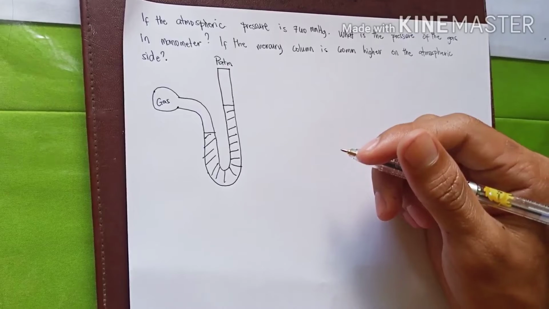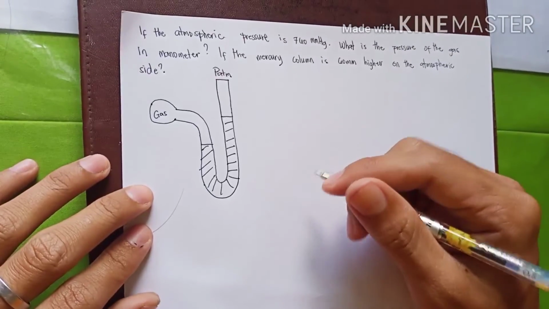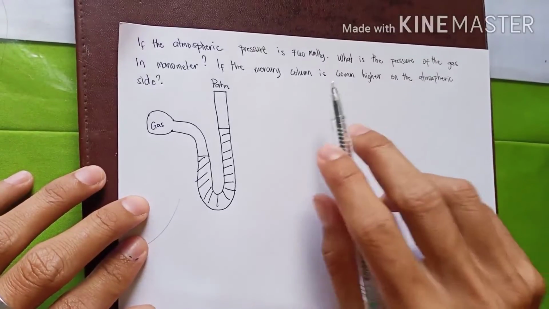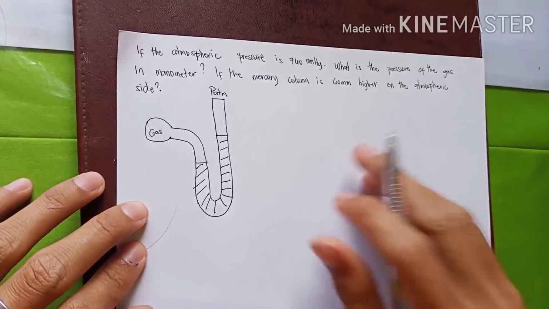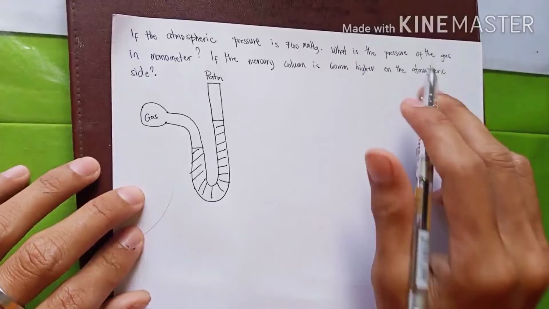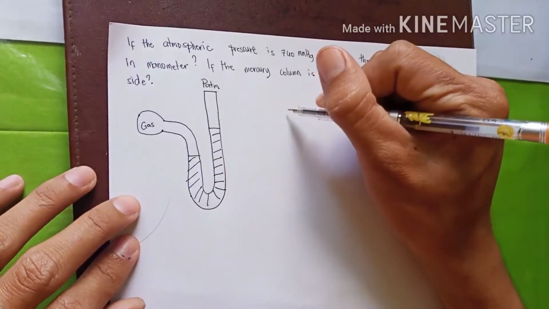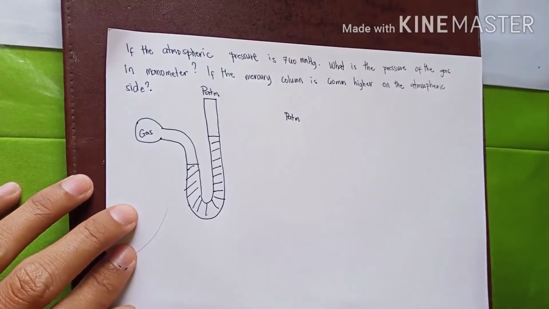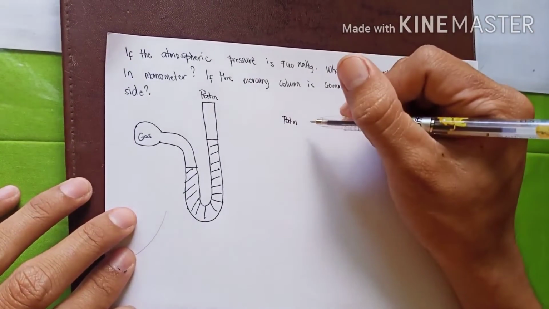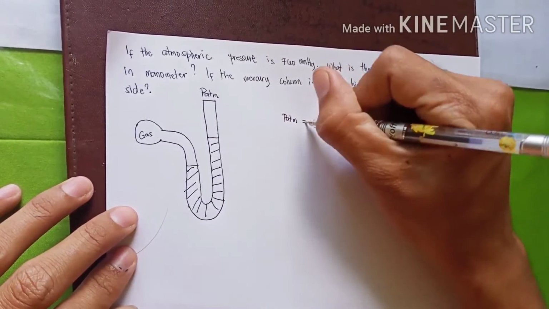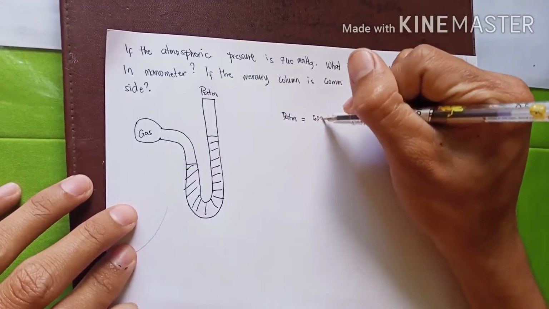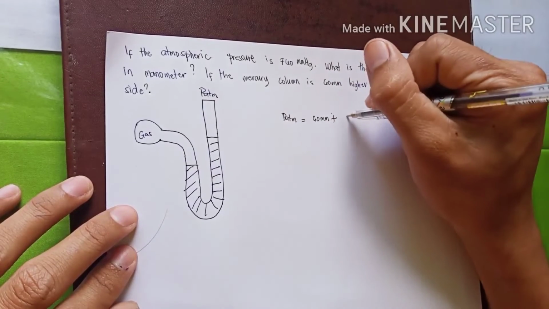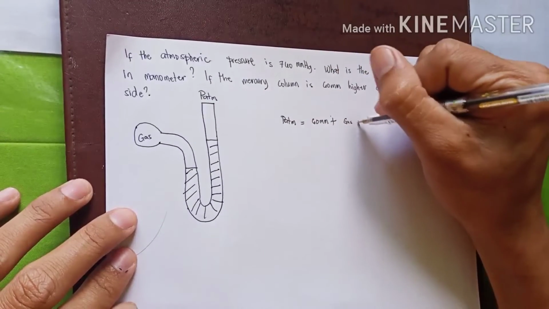So as given in the problem, the atmospheric pressure is 60 millimeter higher than the gas pressure.